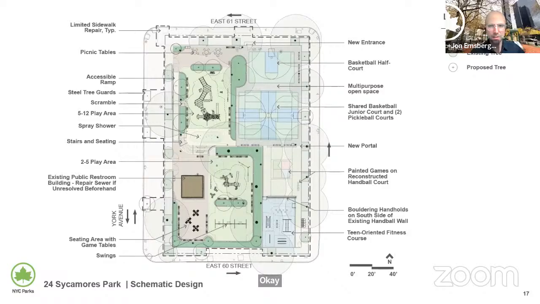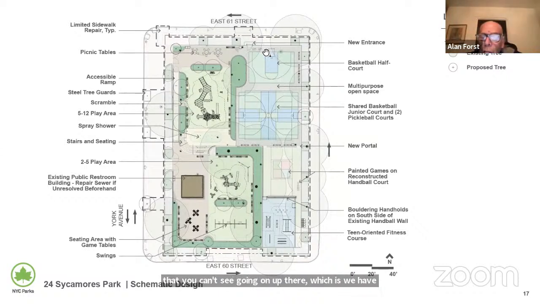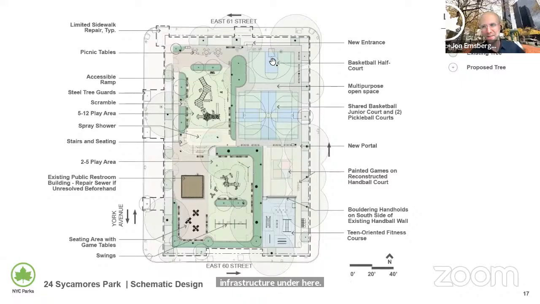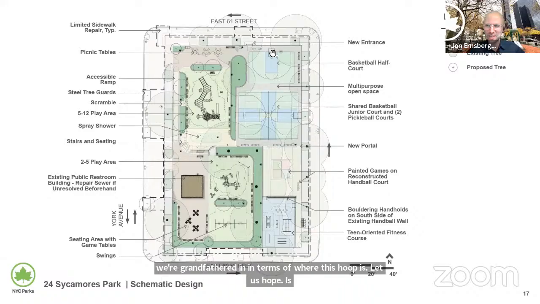There's something you can't see going on up there, which is we have DEP infrastructure under here. So we're grandfathered in in terms of where this hoop is. So this hoop is a sacred hoop. And we want to keep playing basketball up here. So we're going to be grandfathered in with that hoop.